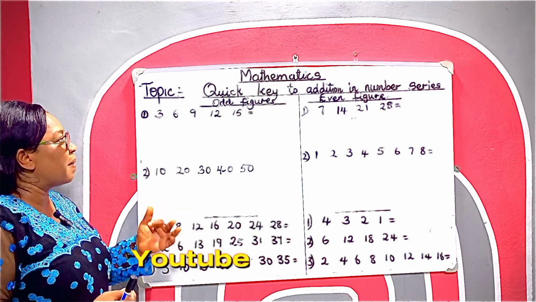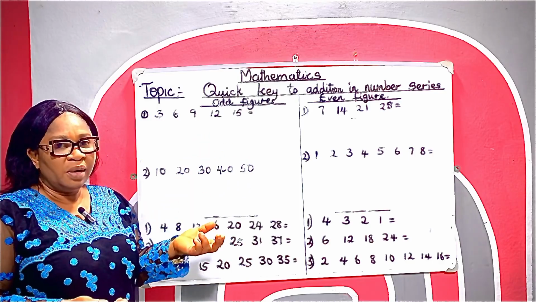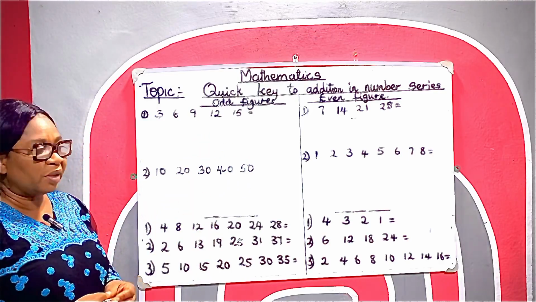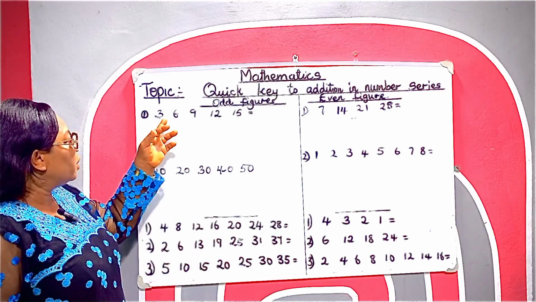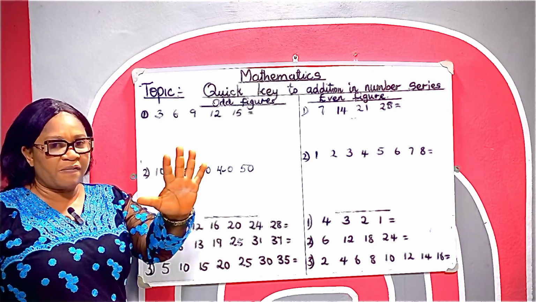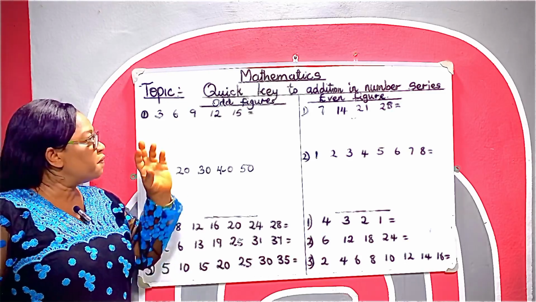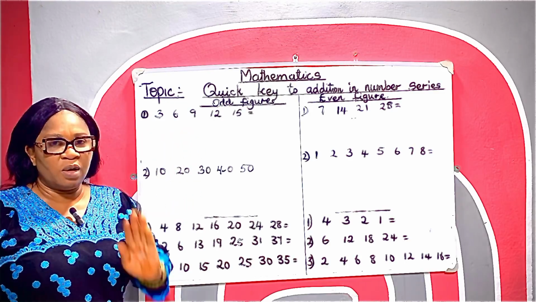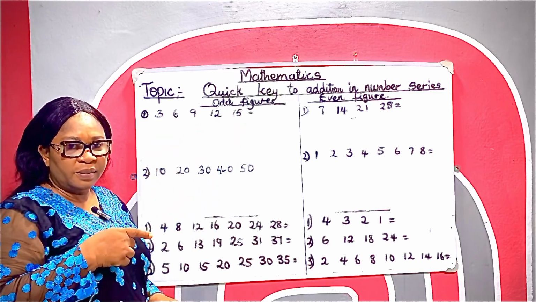Some series can be odd, some can be even. Let's start with the odd number series. When I say odd number series, I mean 1, 2, 3, 4, 5. How many? 5. 5 is an odd number, so this series is 5 in number.